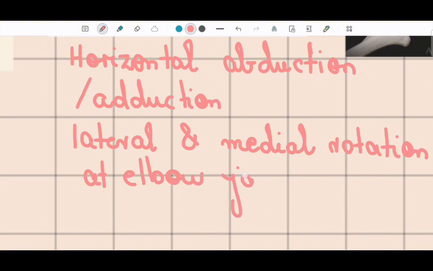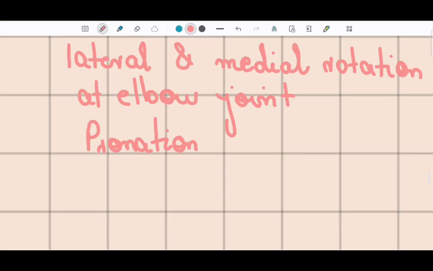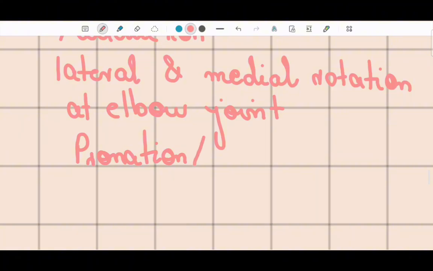And the pronation and the supination, not at the wrist joint, it's basically at the radio-ulnar joint.